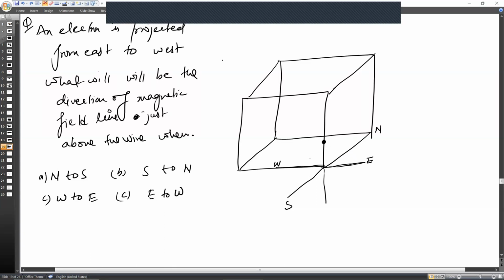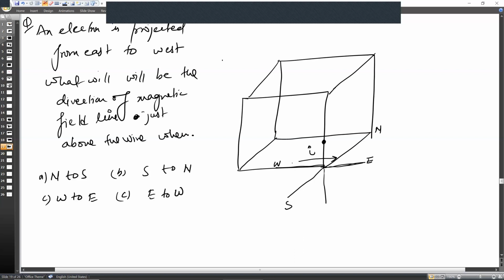So you see that if the electron is projected from east to west, then the direction of current will be west to east. This is the direction of current. Got it?